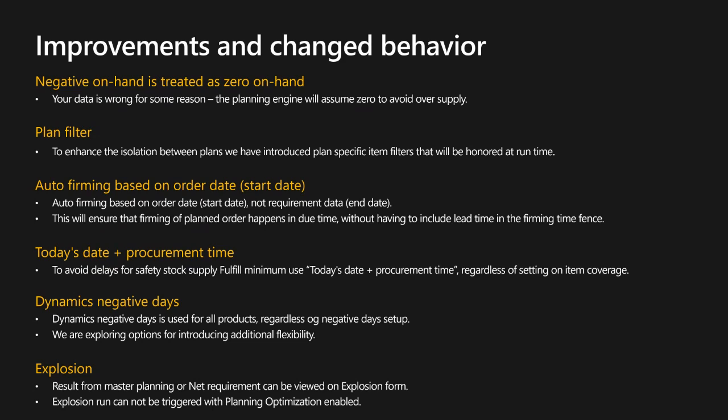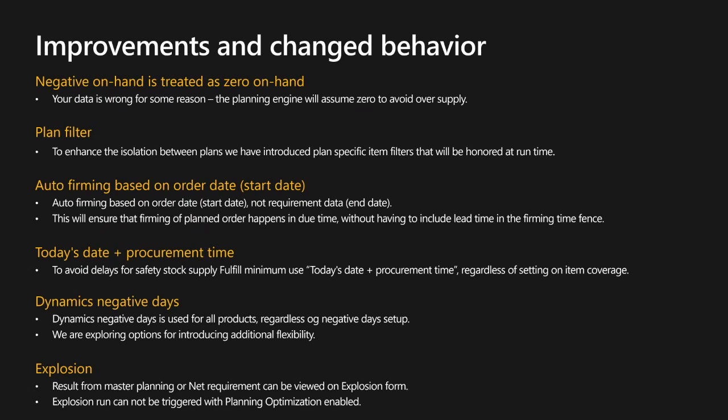Another change is that for the fulfill minimum that is used for safety stock fulfillment, we use today's date plus procurement time. This is defaulted regardless of the setting that you have on your item coverage.